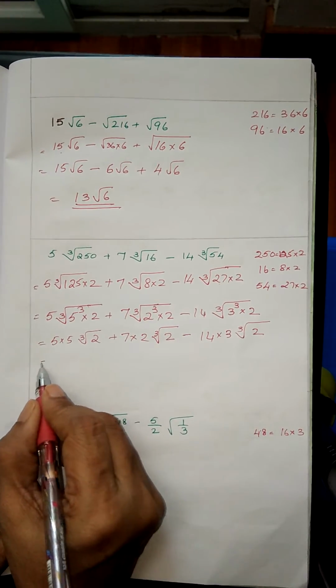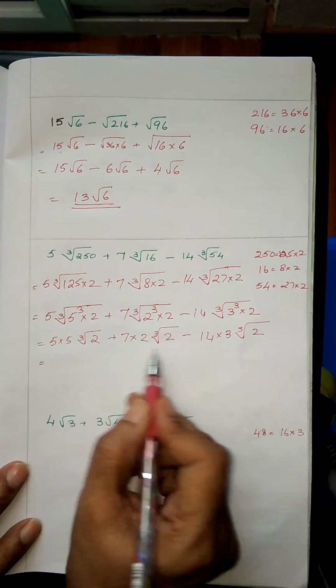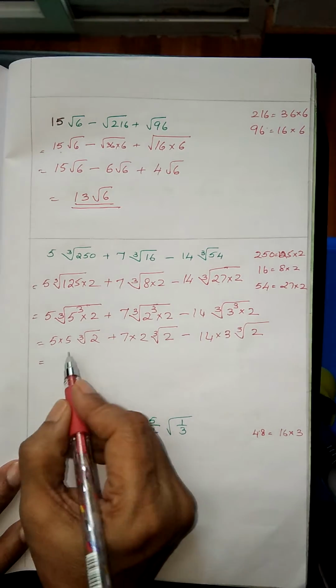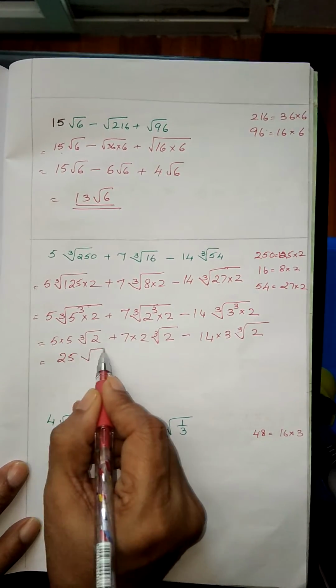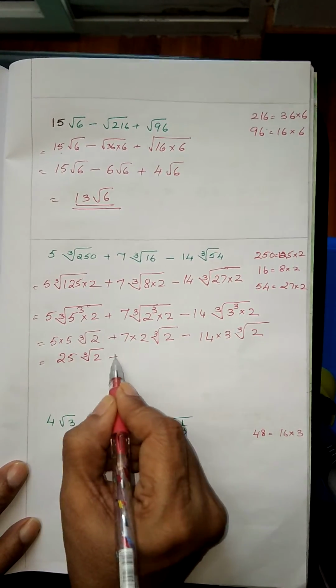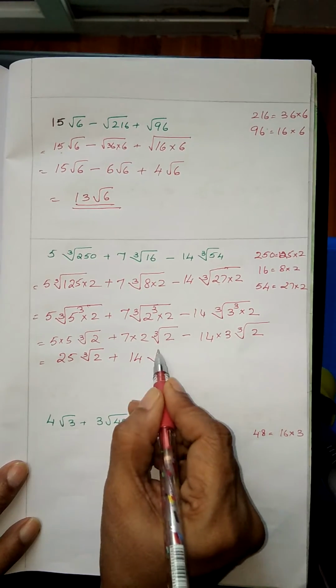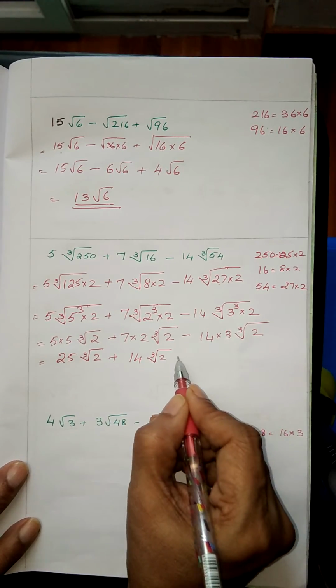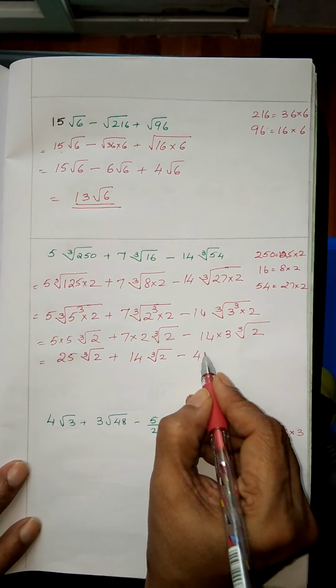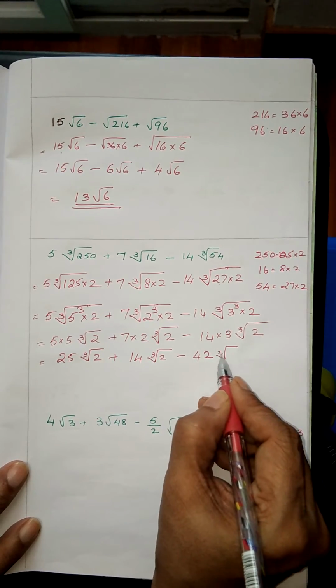So this is equal to 25 cube root of 2 plus 14 cube root of 2 minus 42 cube root of 2.